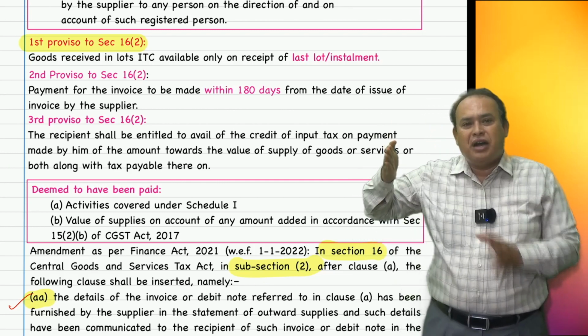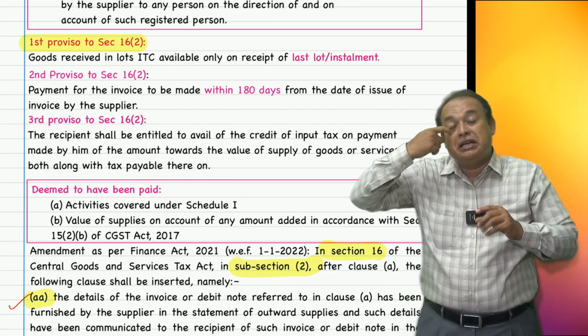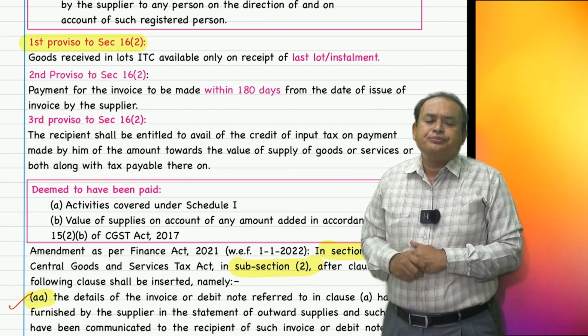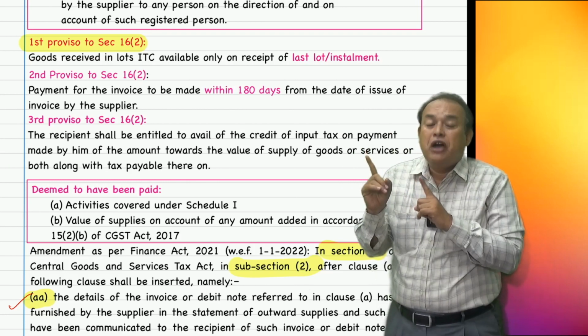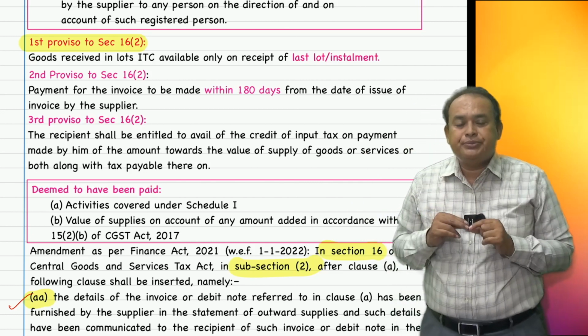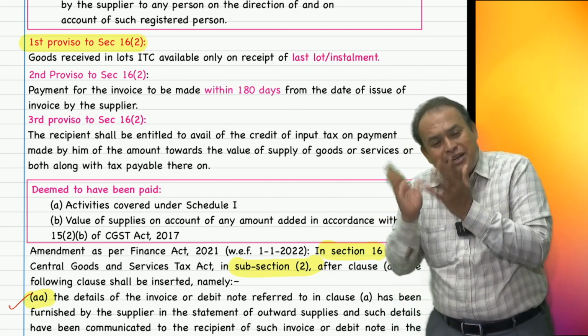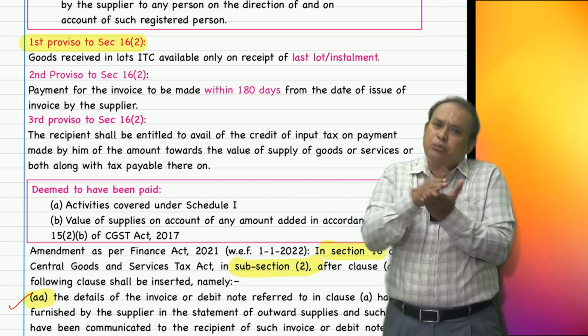Within 180 days, roughly 6 months, you have to make the payment from the date of invoice. What is to be paid? Payment of the entire value, that means the value of the goods plus GST. Both you have to pay.